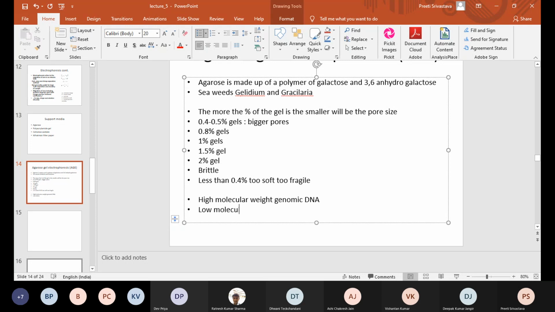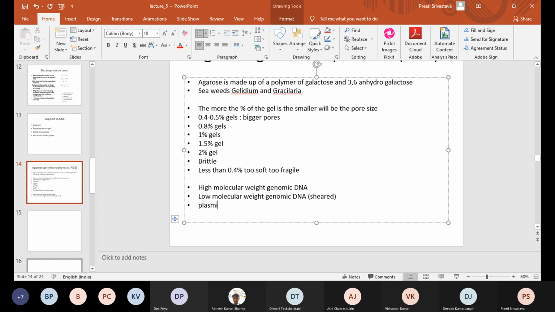Then low molecular weight DNA, that means this is sheared, the strands are broken. How is this possible? This is possible when some of the students, when they try to collect the strands, suck in and suck out, and during this process of pipetting in and out, the DNA can get sheared. Then you can have plasmid DNA, and this can vary in size from 1 kb to as high as, let's say, 20 kb.